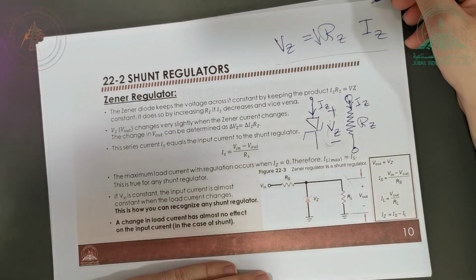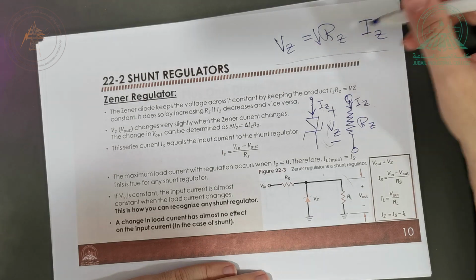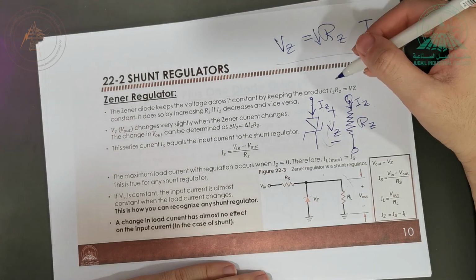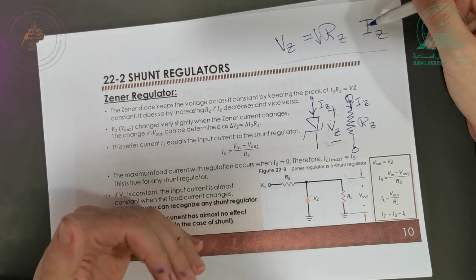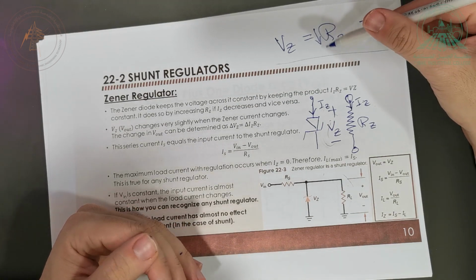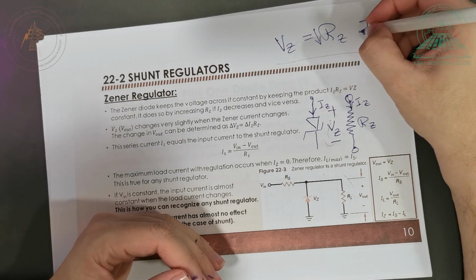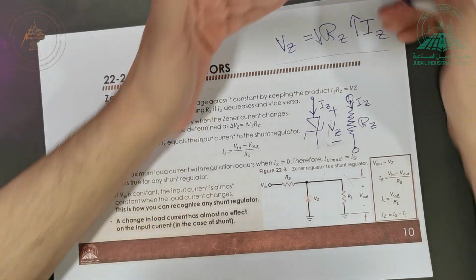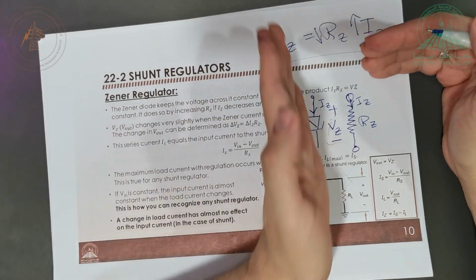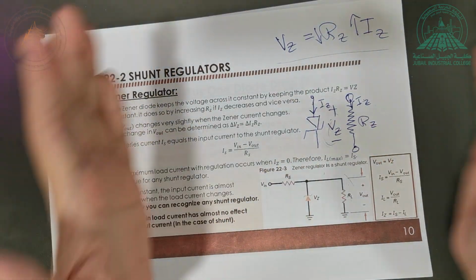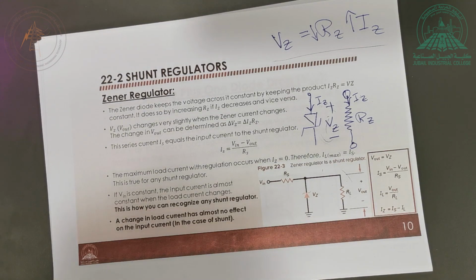If this increases twice, this will go down twice. If this is doubled, this will be half. والعكس, if IZ tries to go down, RZ will go up. ايش اللي بيصير؟ المحصلة بتبقى زي ما هي.